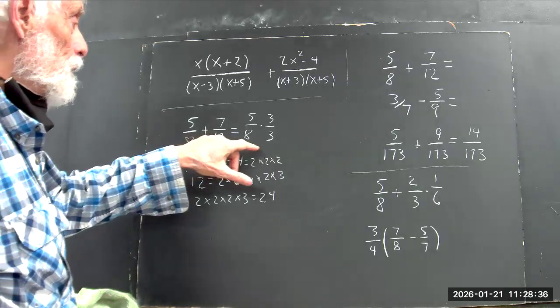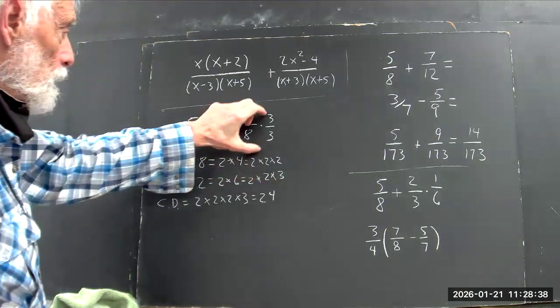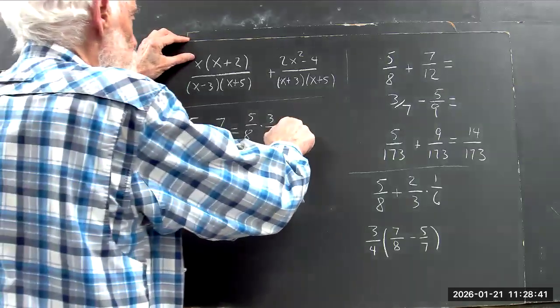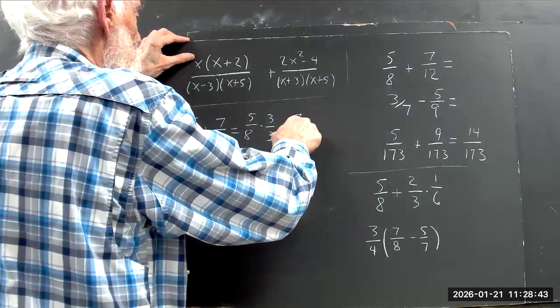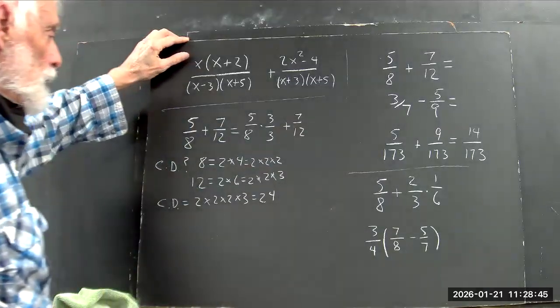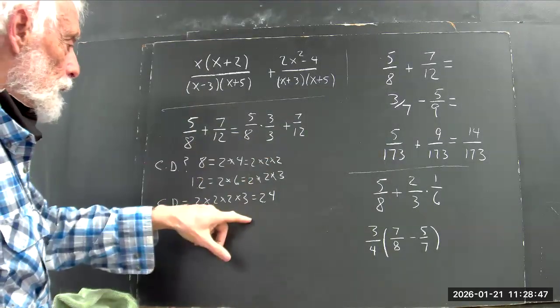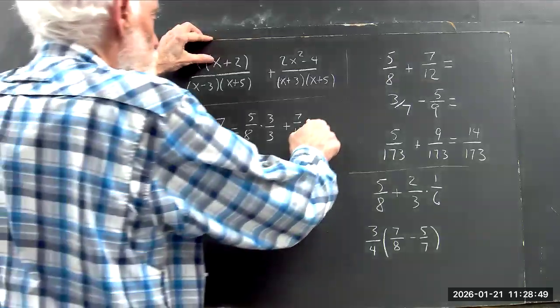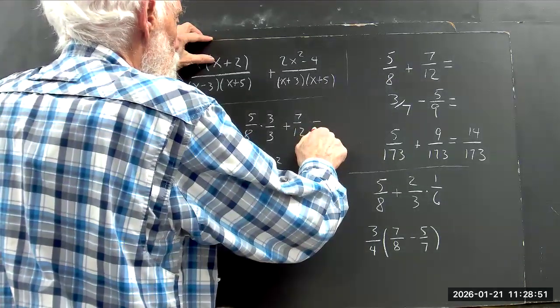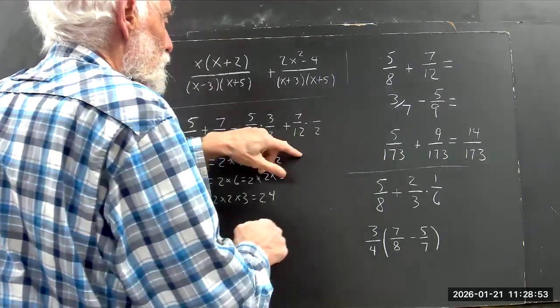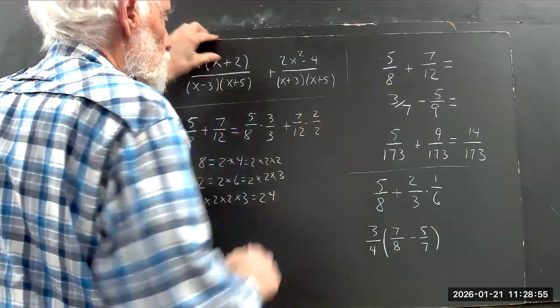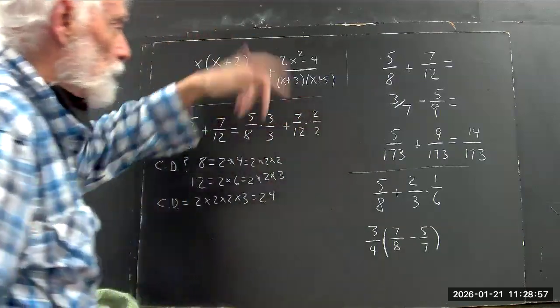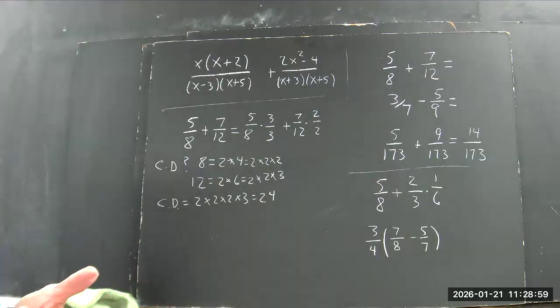Okay, so it's 5/8 times 3/3. There you got your 5/8. And then your 7/12, you've got to get a denominator of 24. So you're going to have to multiply 12 by 2. Multiplying the 12 by 2, well, you better multiply the numerator by 2 as well, right?